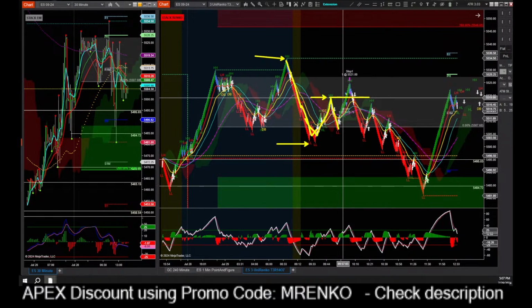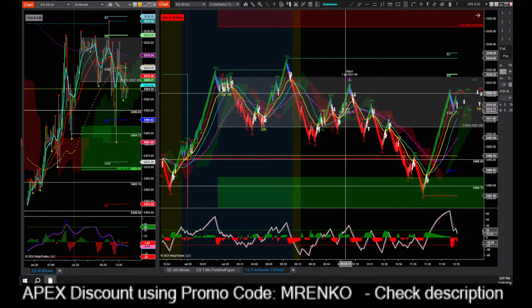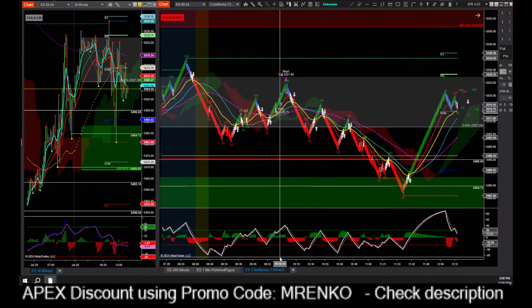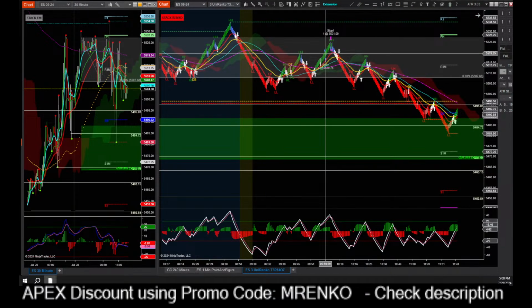So I put an order right there, but I was still within the range. It was very short lived and it reversed, and I believe I made $12. This one is ES and it's the September contract. So I took the trade right there.